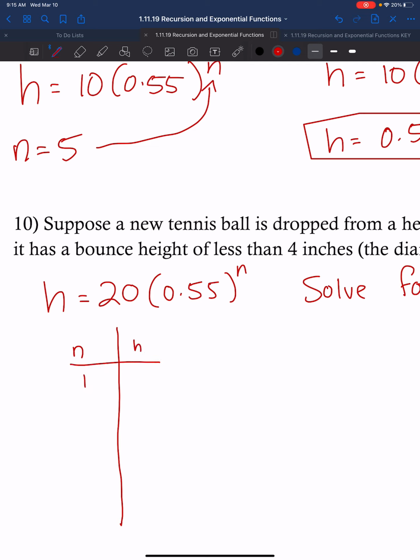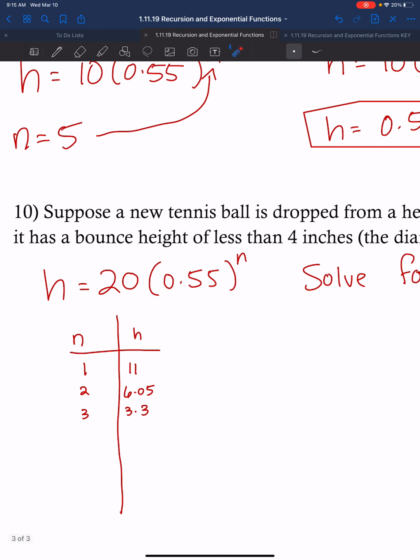After 1 bounce, if you were to plug in a 1 for your n, you're going to have a ball height of 11 meters. After 2, you're going to have 6.05 meters. After 3, you're going to have 3.3 meters. So you can either plug this in manually one at a time on your calculator, or you can plug it in to the y equals section and then look at the table that it generates.